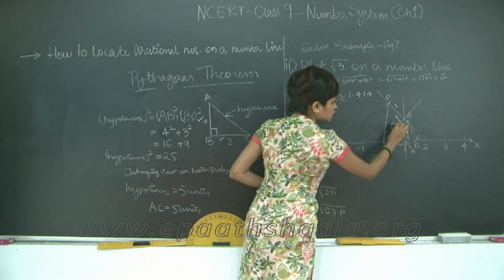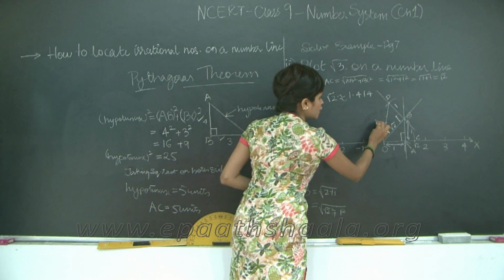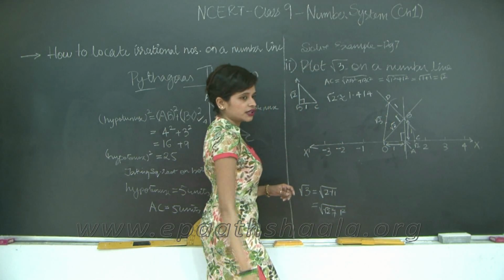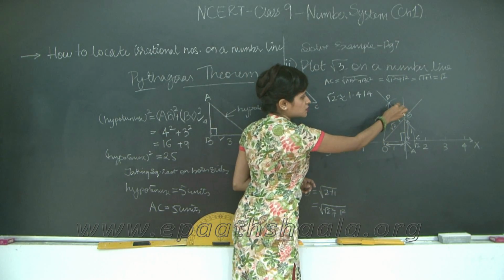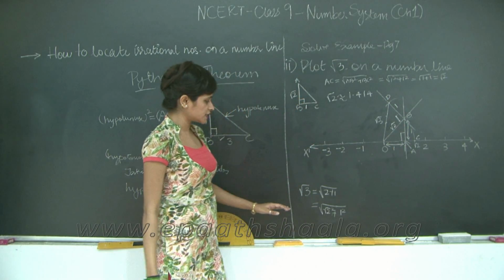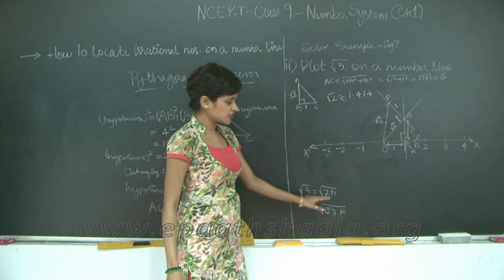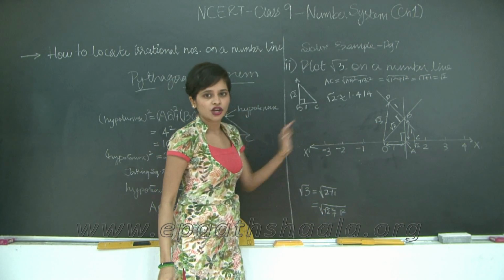I am just writing it so that it looks more clear to you. So this length O to D is root 3. How root 3? Because this is root 2, this is 1, this is the right angle triangle and this is the hypotenuse. So according to Pythagoras theorem, we have root 2 square plus 1 square, which is root of 2 plus 1, which is root 3. So this length becomes root 3.